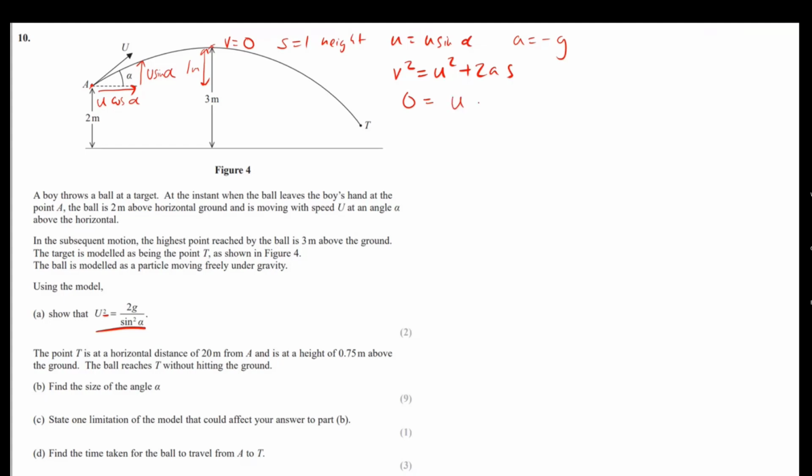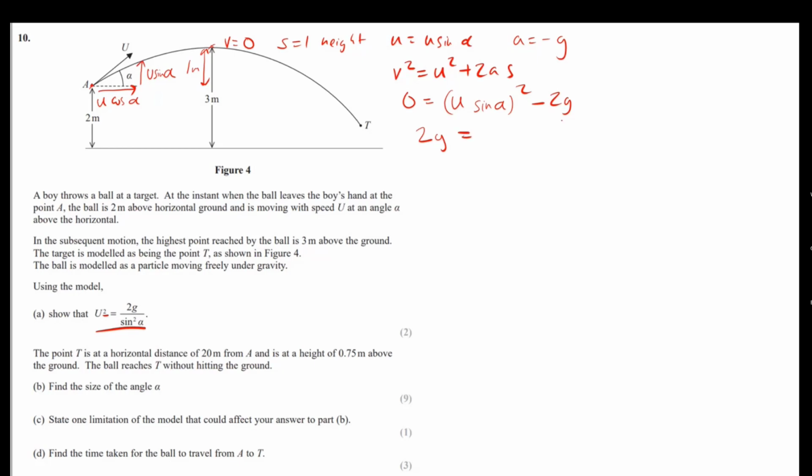u equals u sine alpha all squared plus 2 times as. A is minus g, so it's minus 2g because s is 1. So you get 2g, or should I expand out?